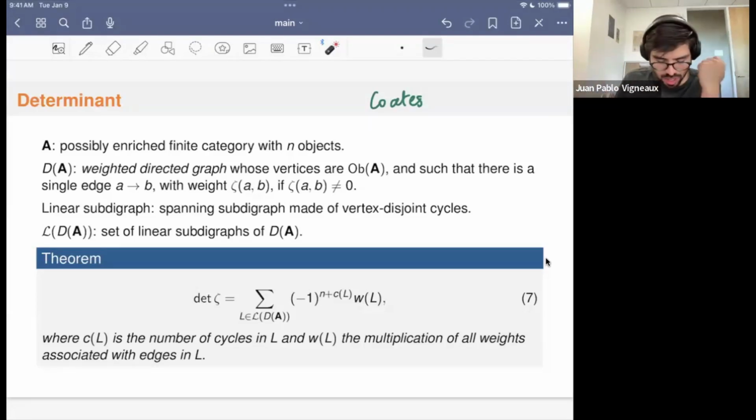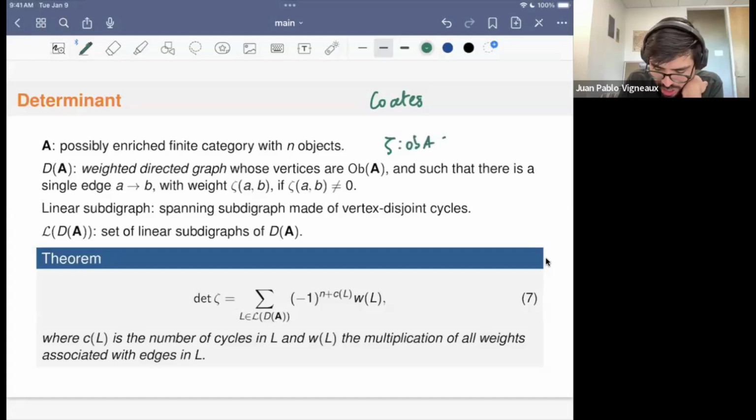So here you have a category A. We could suppose that it's enriched, but the only thing that we care about, in fact, is the zeta matrix. So we have a zeta matrix of A times A to, let's say, the real numbers. This could come from an enrichment, or it could just be a simple category. Now you introduce a graph dA. It's a directed graph, also weighted.